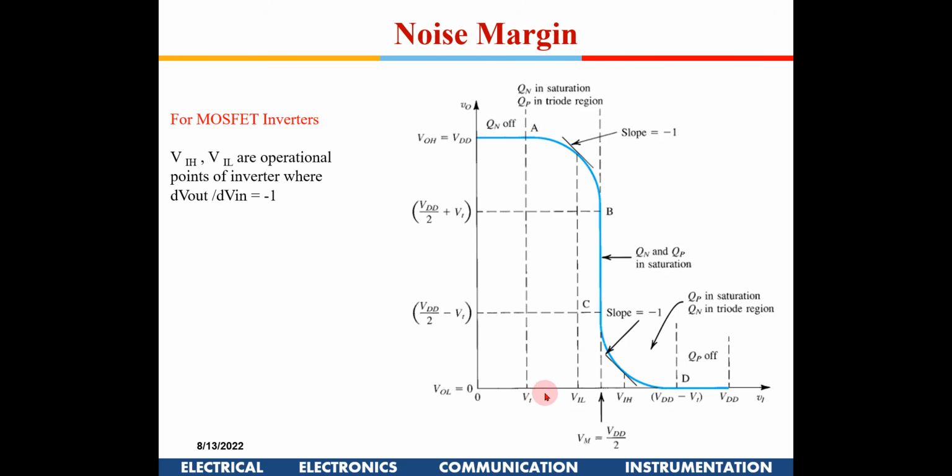Earlier days this was not that much in focus, but now with technology scaling, the power supply voltage itself is very low, right? And hence everything has become prone to noise. So noise margins have become very critical now. If it is, say, earlier 3 volt or 1.8 volt, so this would be close to 1.2 or 1.5 volt.